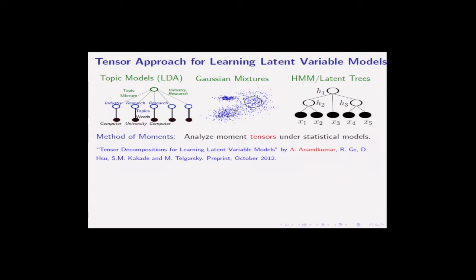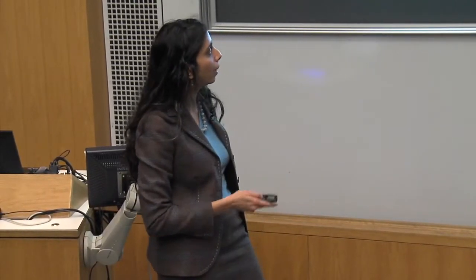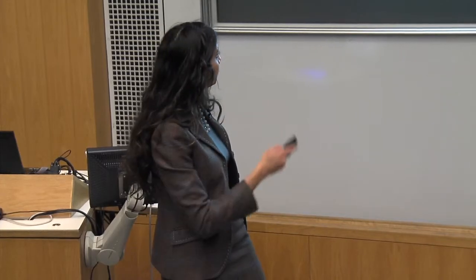These include Gaussian mixtures, hidden Markov models, latent tree models, the popular latent Dirichlet allocation, and so on. In all these models, there are conditional independence relationships, or structure in the problem, that enable us to establish the tensor algebra for this class of models.